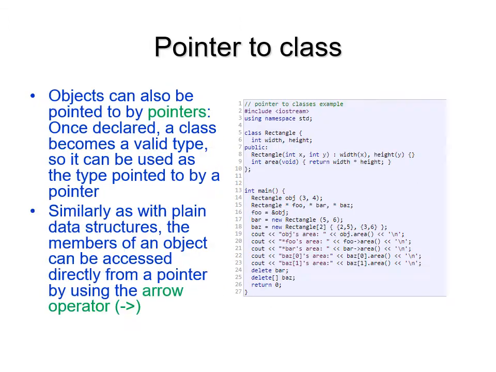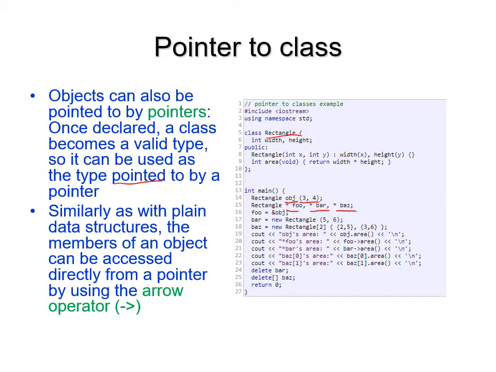Now, similar to structures, you can declare a pointer to the class. Once it is declared, a class becomes a valid type, and it can be pointed to by a pointer. Okay, just like the example here. Now we declare the rectangle class, and we declare a rectangle object initialized with 3 and 4, and we declare some rectangle pointer objects.